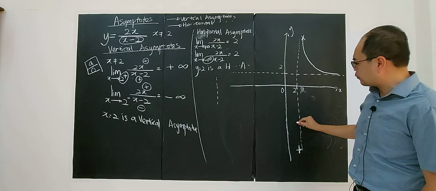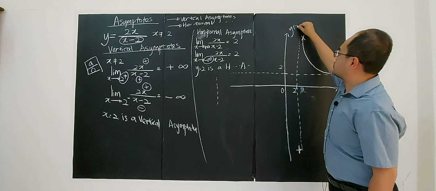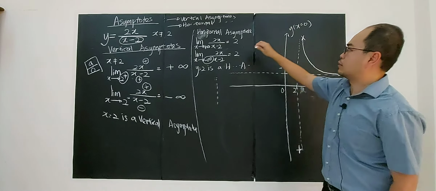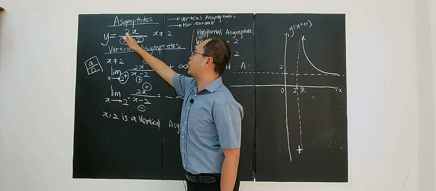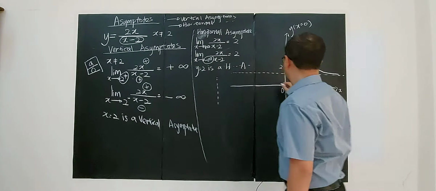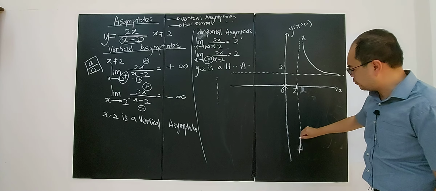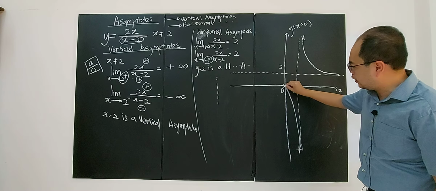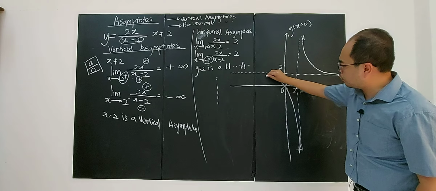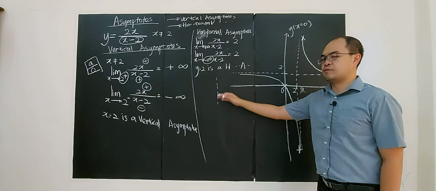But you know that it will intercept the y-axis. To find the y-intercept, x will be 0. You substitute x with 0, and you have the whole thing to be 0. So it will pass through the origin. So the graph from negative infinity here moves up and approaches the line y equals 2 at negative infinity.